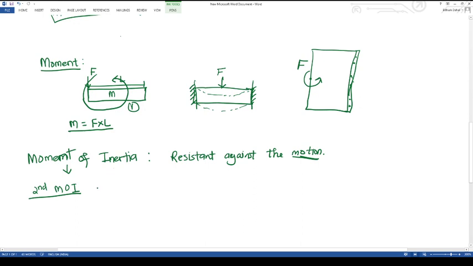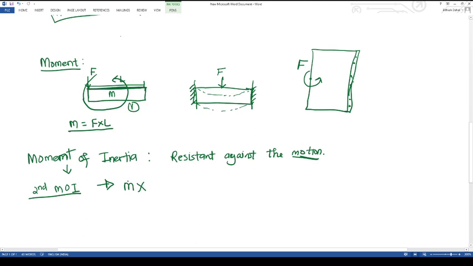Okay, so this second moment of inertia can be defined as the product of mass times the distance. Now here, let this distance be L.